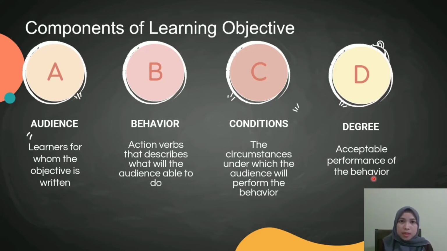In other words, the degree used in an objective gives the proficiency which the lesson will elicit in the learners. It is therefore important for the teachers to give the specifics of how a learner will be able to perform a given task in terms of quality and quantity after undergoing a lesson.